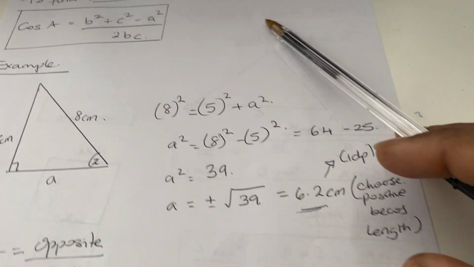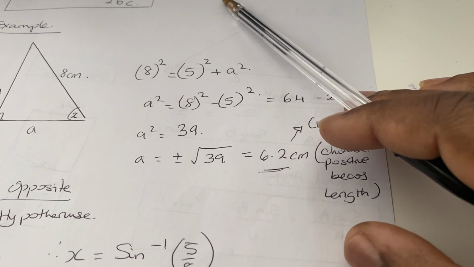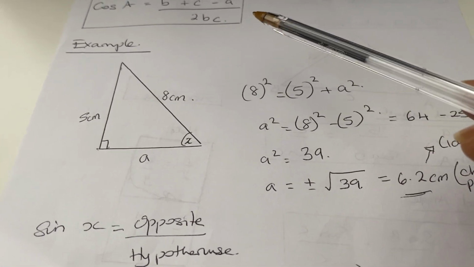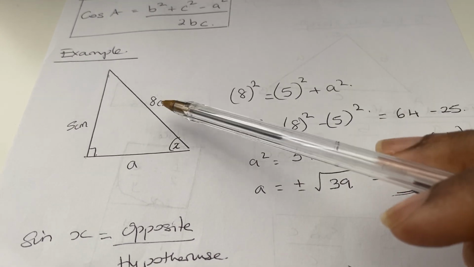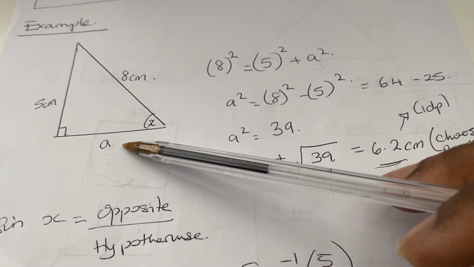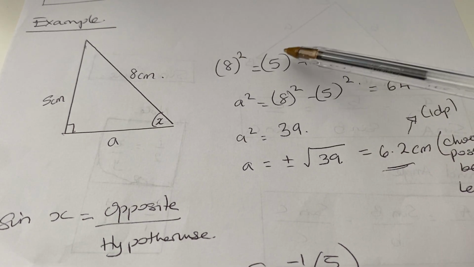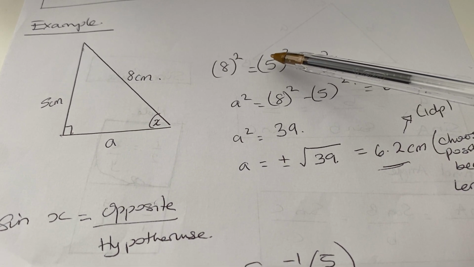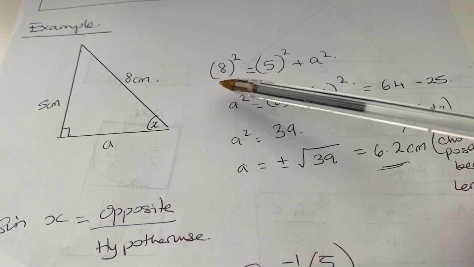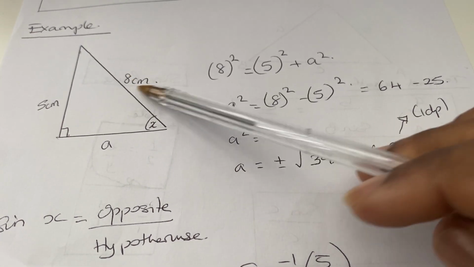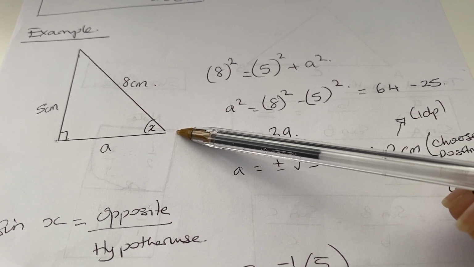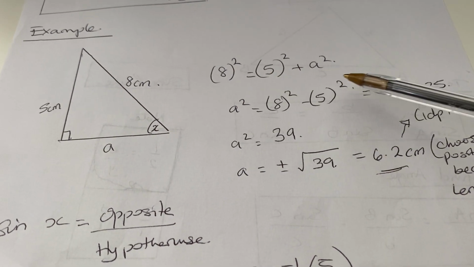Now let's quickly look at an example before we go away. I've brought a simple example which the foundation students should understand. This is a right angle triangle. So now we have the opposite, and I'm going to do the opposite over the hypotenuse. So I have 8 squared equals 5 squared plus a squared.